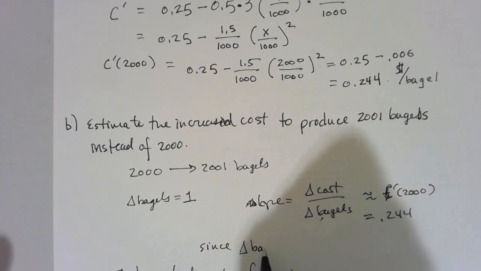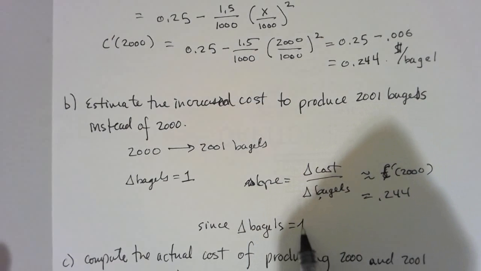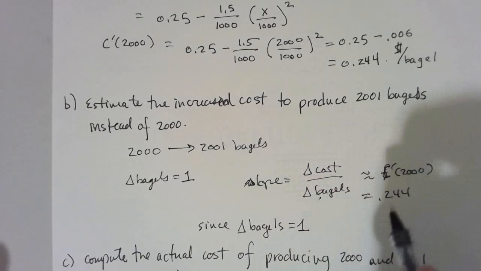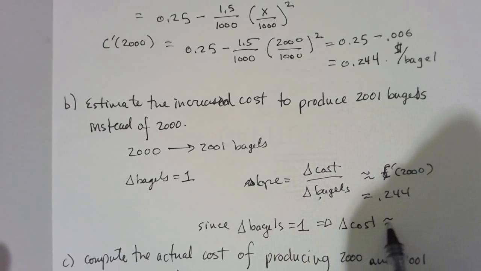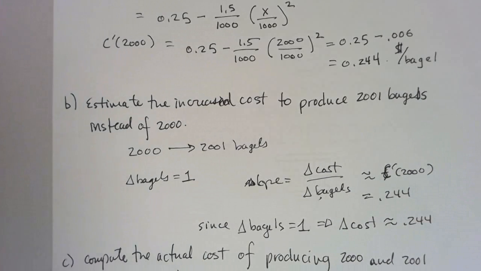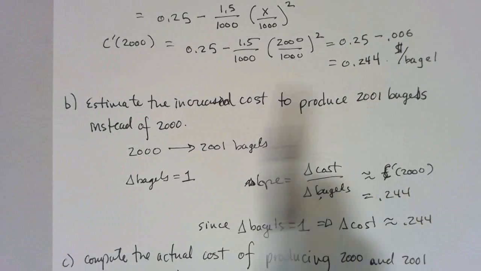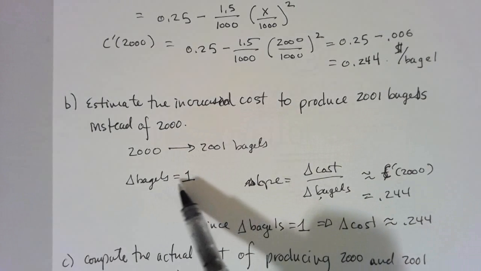I love writing delta bagels. I find that hugely amusing. Since delta bagels is 1, the change in cost is approximately 0.244. So it's going to cost us about a quarter to go to 2001 bagels instead of 2000.